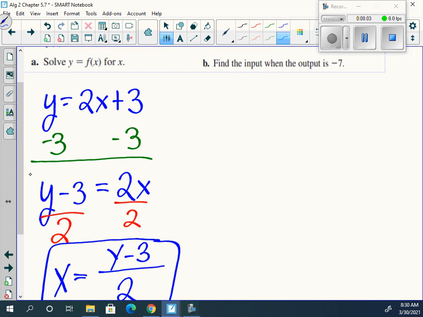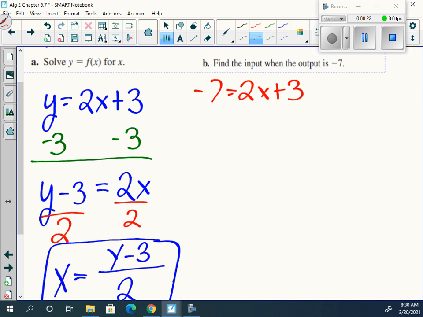which when it says find the input when the output is -7, if we didn't know what the inverse function here is, we would have had to set this up as -7 equals 2x plus 3 and solve for the value of x.